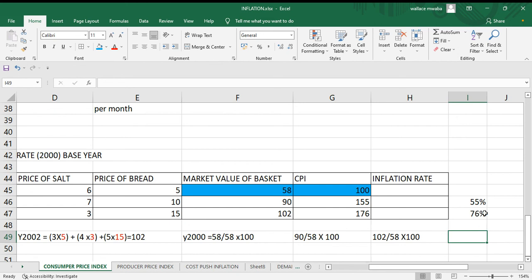Then we can now also calculate the inflation rate, which is the CPI of this year minus the CPI of the previous year, divided by the CPI of the previous year, times 100.